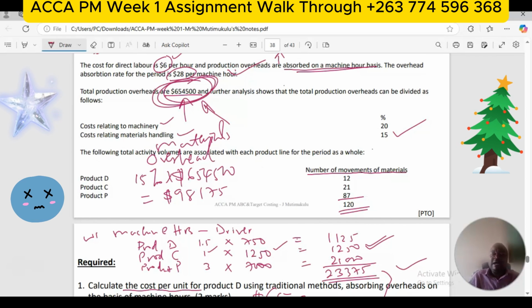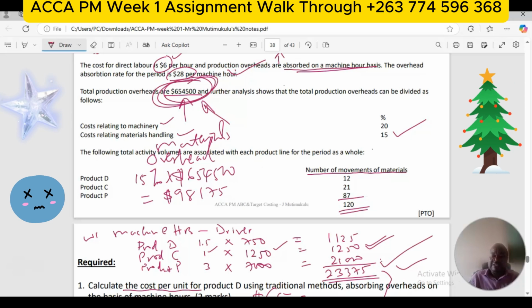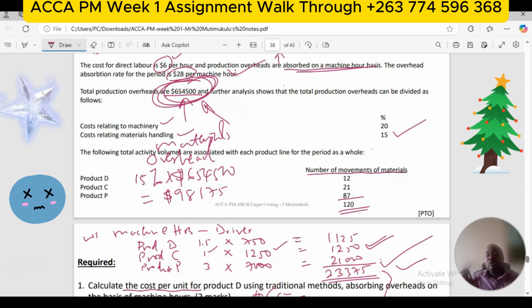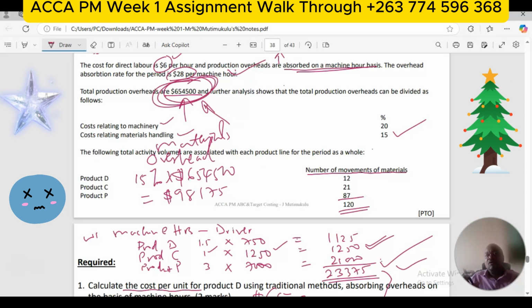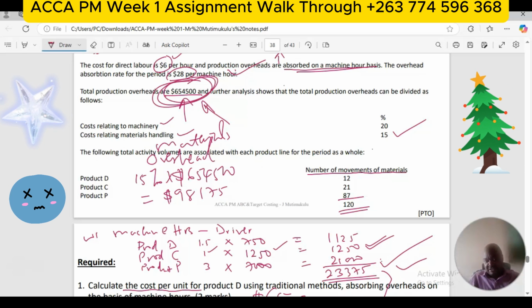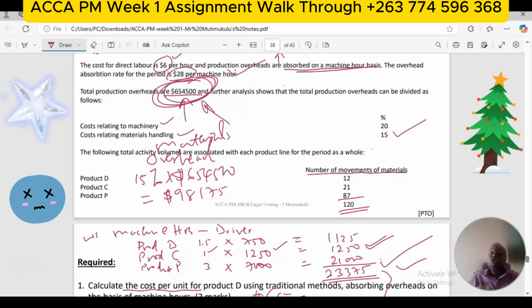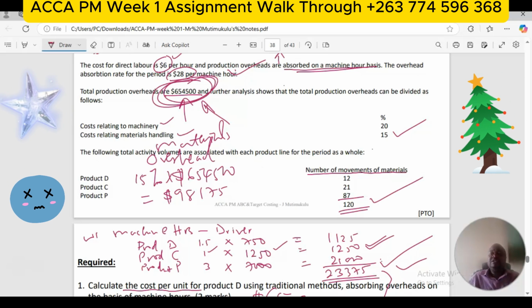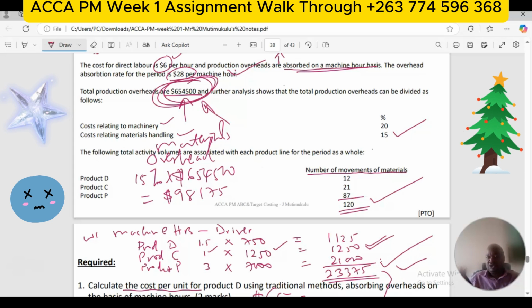Because when we determined the total number of hours, when we were calculating the machine hours in total, we were determining the level of cost driver activity in total. Similarly, we are doing the same here, and the figure is 120.